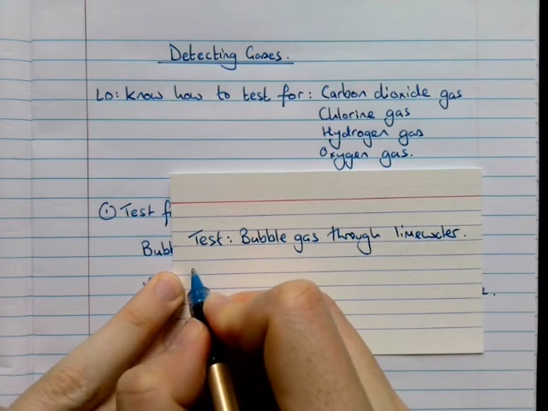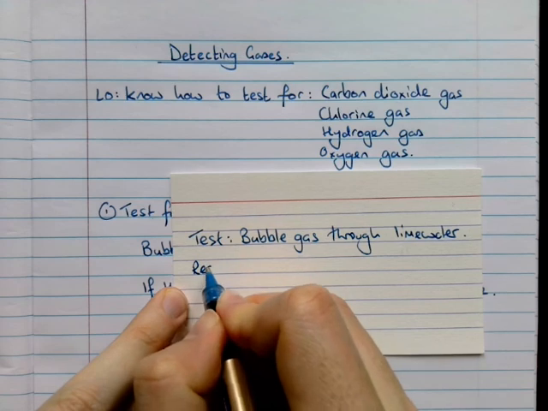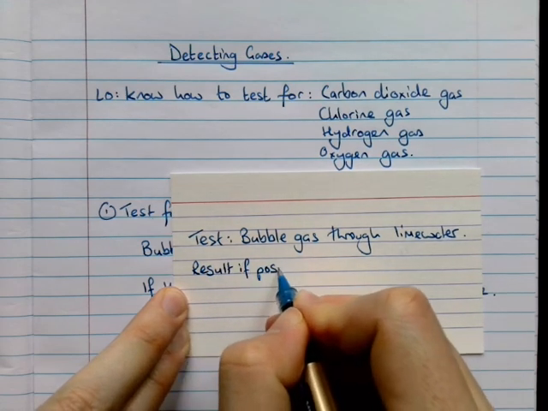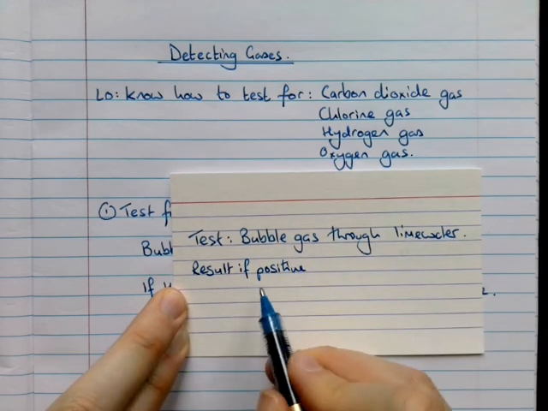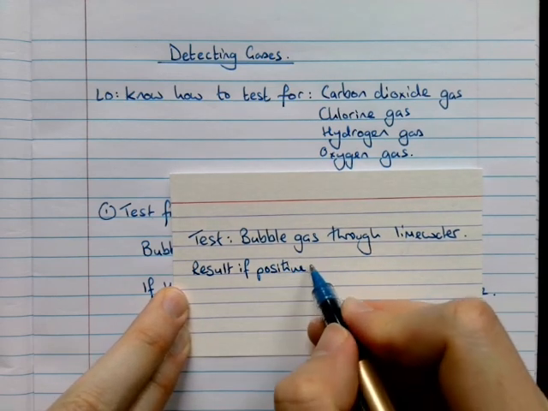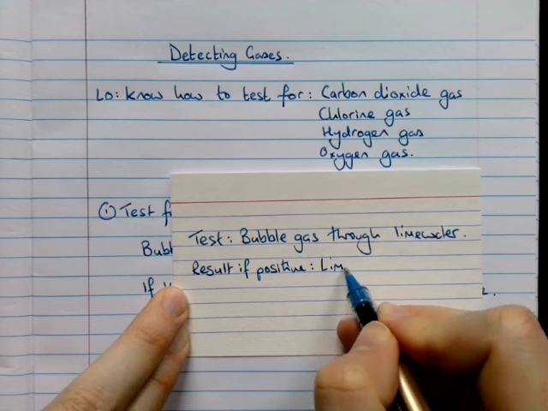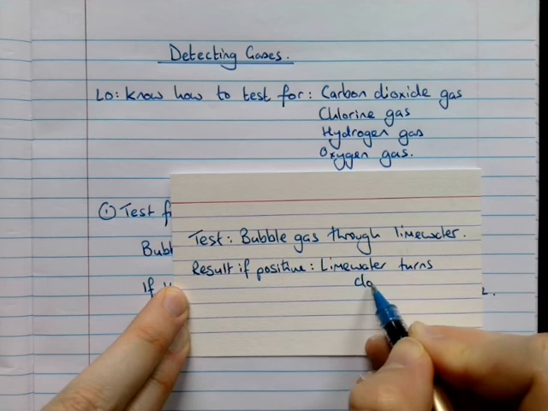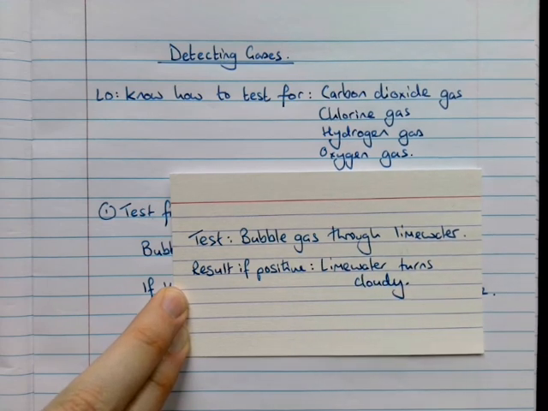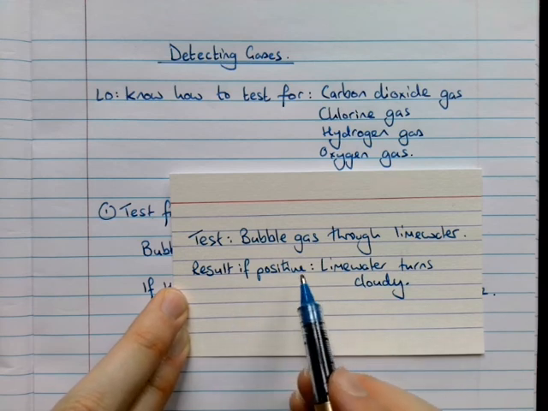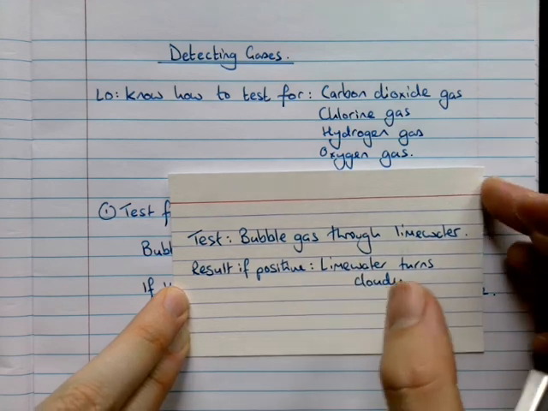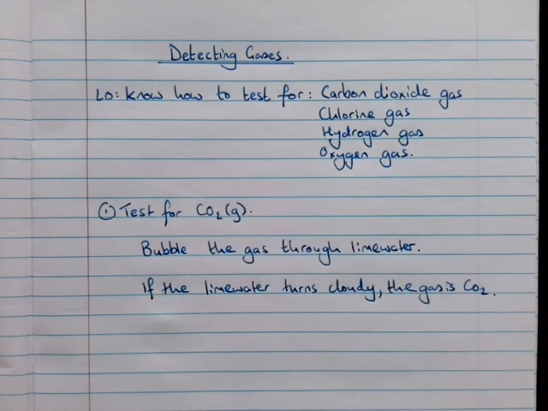And the result, if positive, what do I mean by that? I mean the result if it is carbon dioxide gas, the lime water turns cloudy. And if it's not carbon dioxide, then it won't turn cloudy. So we're going to do this for all 4 tests, so you need to make sure you've got your flashcards.